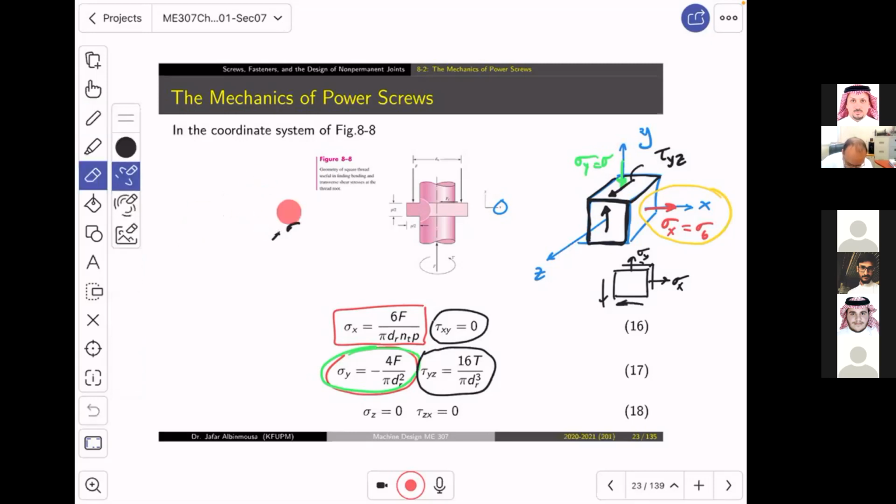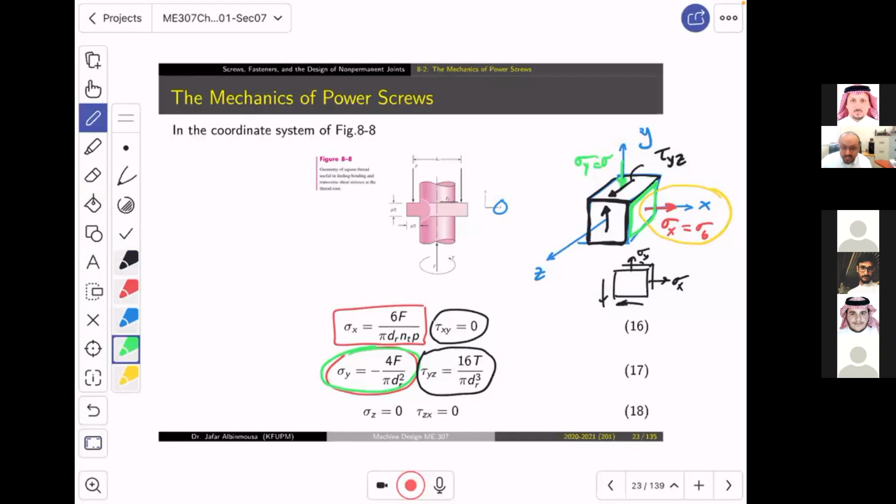Shouldn't we take the right one? The normal to the x. So we can have tau yz and sigma y. Yeah, you should actually take this face, correct? Do you see this? When you take that face now, the green one, the tau is going to be like this and like this.